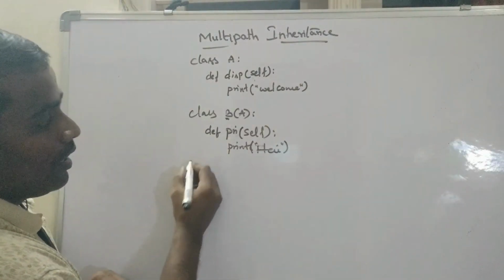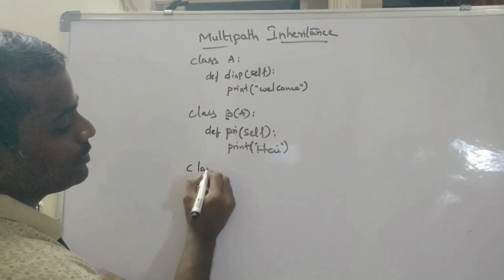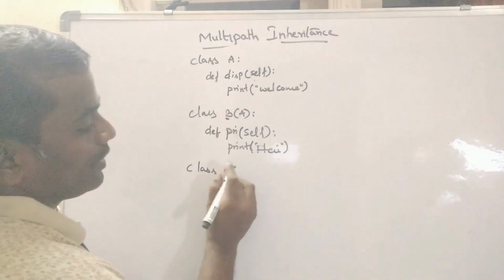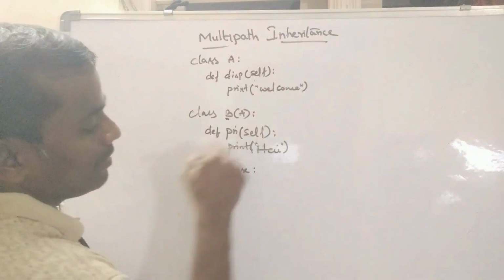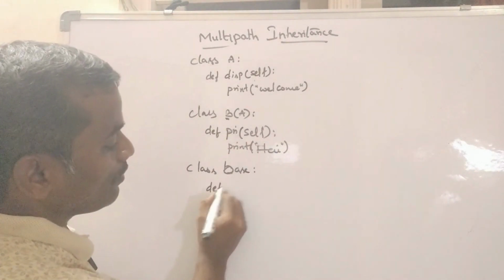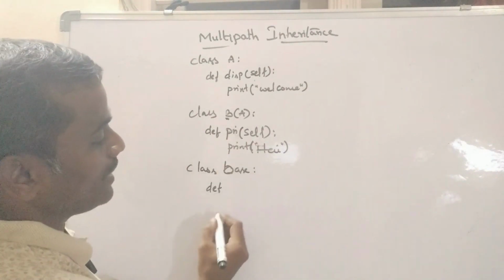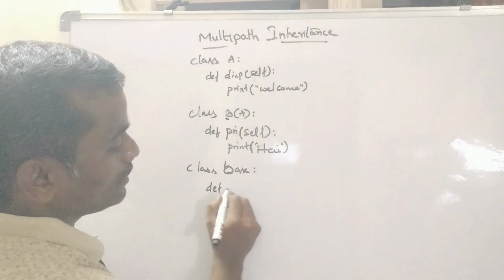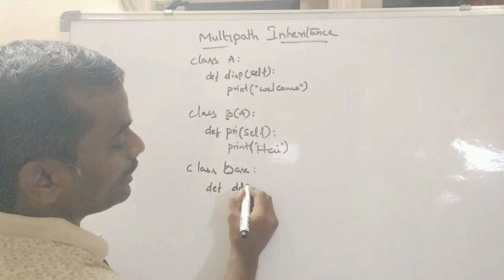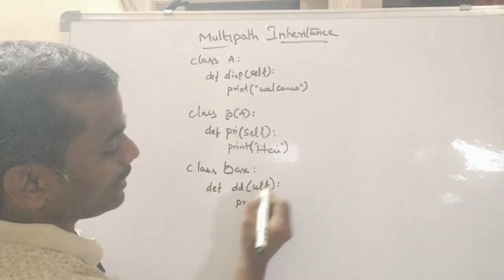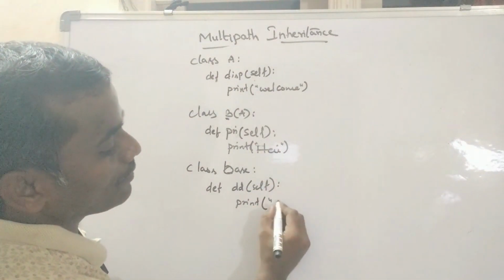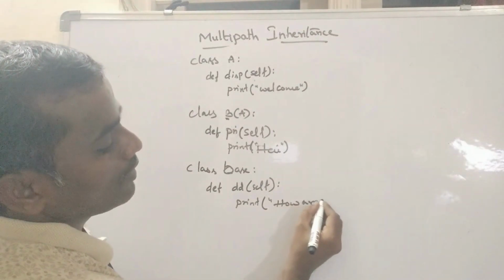Now I have one more class, suppose class C, otherwise class base. Now I define one more method for this base class, suppose display of the self. Here, with indentation, I display something, how are you.